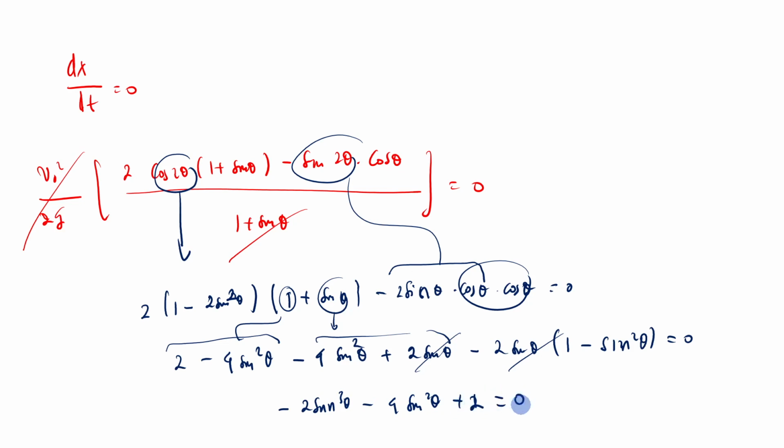Okay, and we can divide this term by minus 2, and we can get sin theta cubed plus 2 sin theta squared minus 1 equals 0.